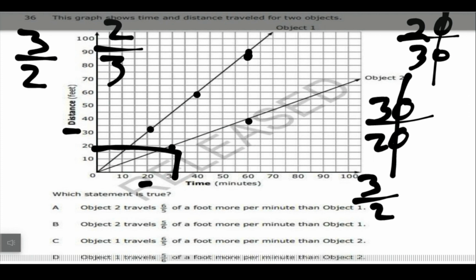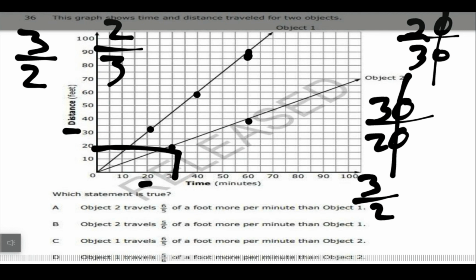It says, which statement is true? Object 2 travels 6/5 of a foot per minute more than object 1. Well, we want to at least get a common denominator to show how much more they are between the two.